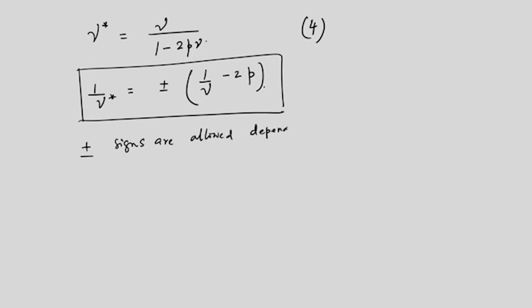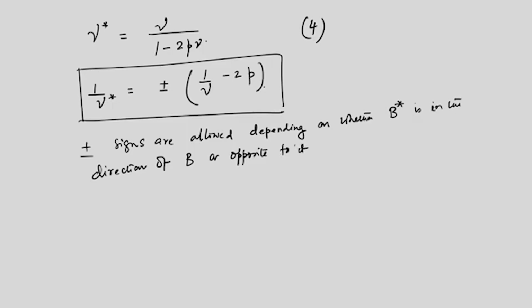Plus and minus signs are allowed depending on whether B star is in the direction of B or opposite to it. Okay.